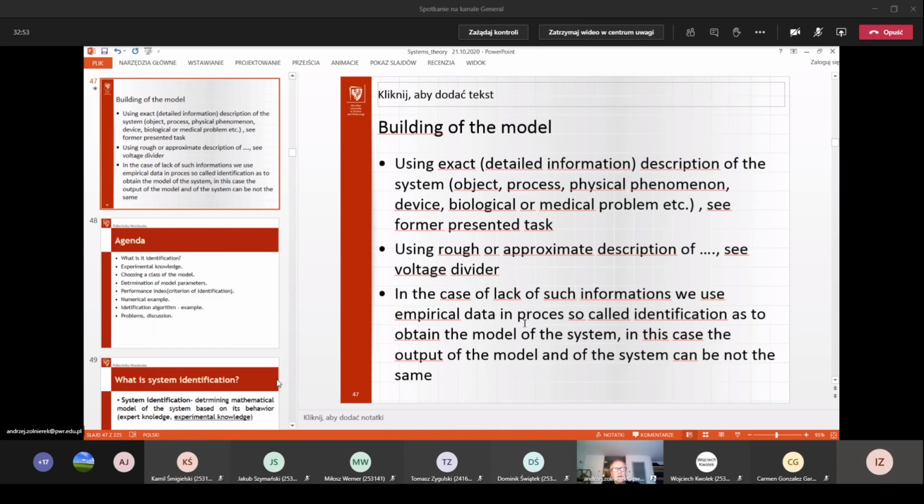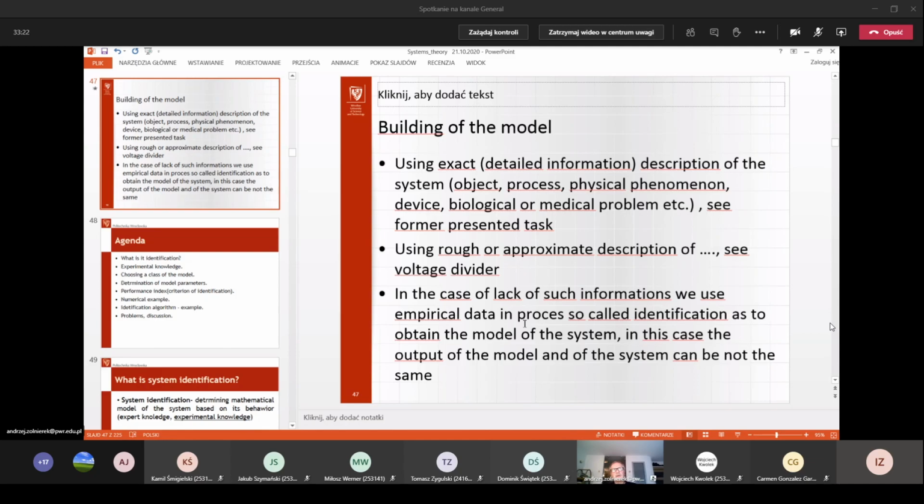For example, the data, let's say, are not repeatable. For example, I put a certain value to the input, and I note that on the output is a certain value. I put the same value on the input once again, and I realize that on the output it is a little bit different value. So it is not repeatable. Why?